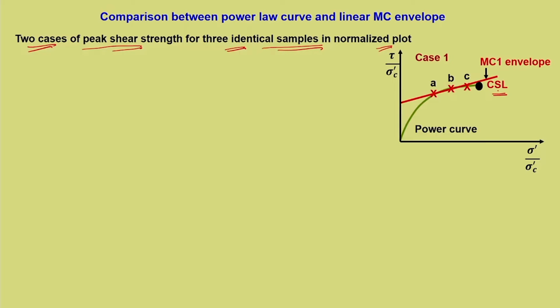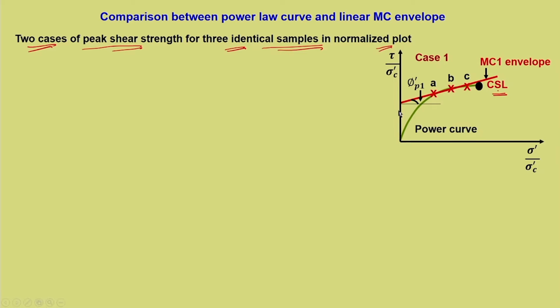Now, in normal practice what we do is fit a best fit line and call it the Mohr-Coulomb failure envelope or Coulomb's envelope, and we get the cohesion and the friction angle, that is, phi'p1 because it is case 1.